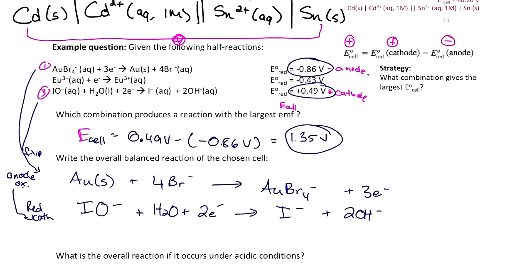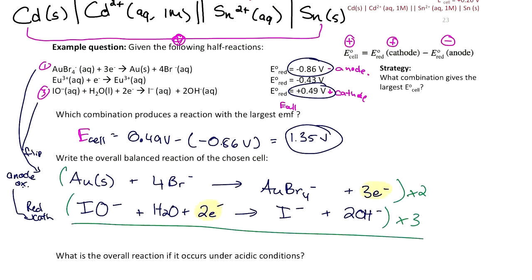So remember how we balanced redox reactions? In order to add up 2 half reactions, what has to match? The number of electrons. So before we add them up, we just need to multiply by a coefficient. Notice that this reaction releases 3 electrons, this one consumes 3 electrons, so I'm going to multiply by 2 and 3 in order to add these reactions up. That gives me 6 electrons being transferred in this event.